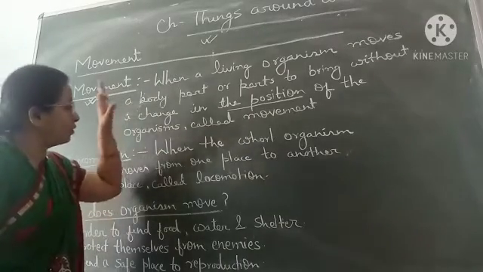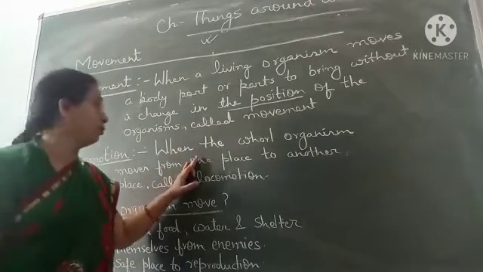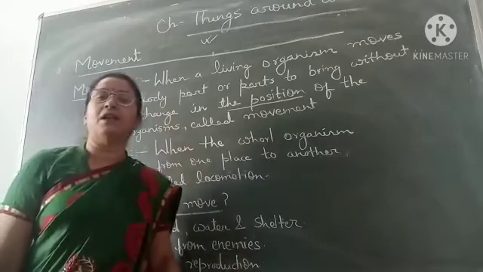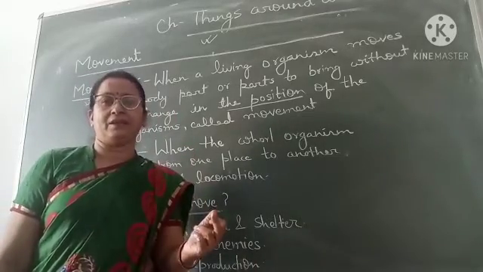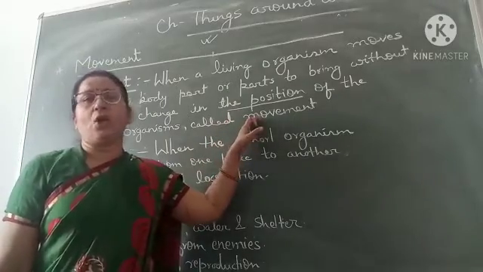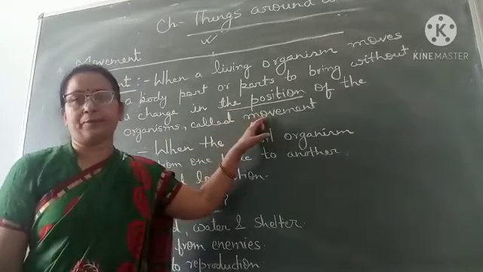Why don't plants show any locomotion? Because plants can synthesize their food in one place. That's why there is no need for locomotion.